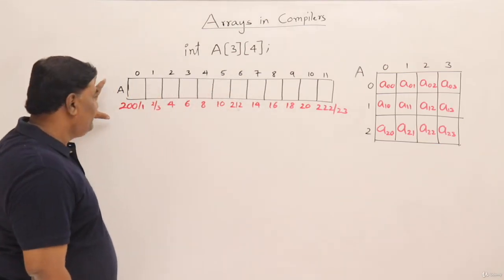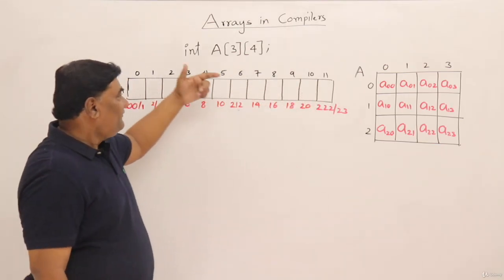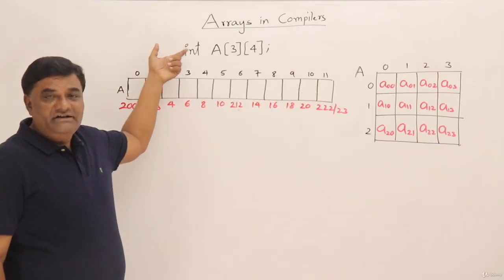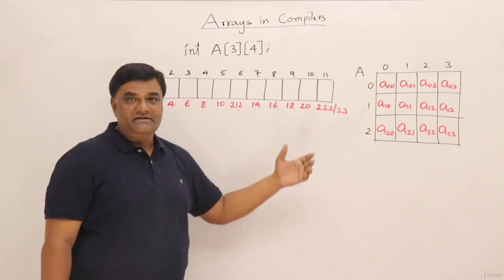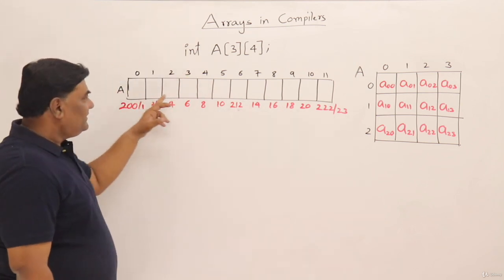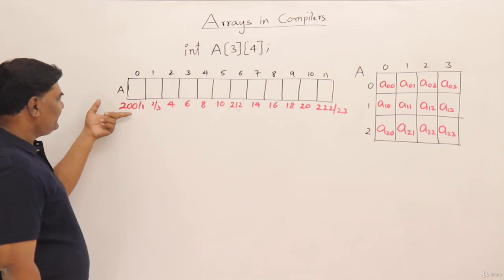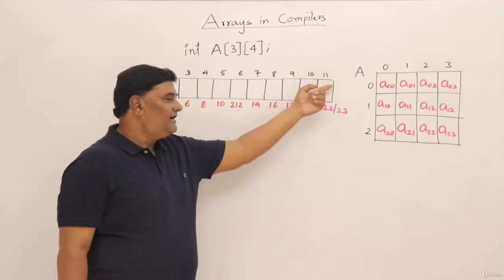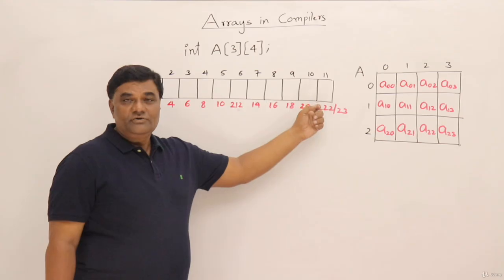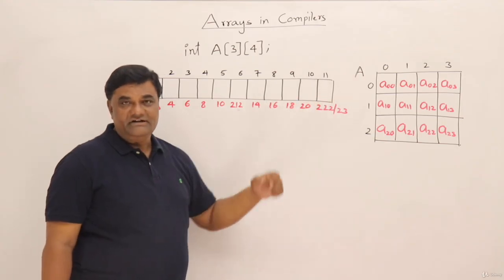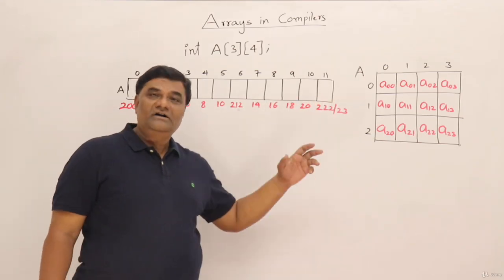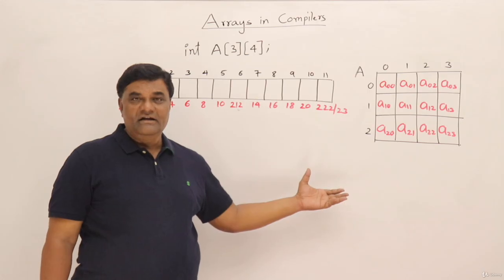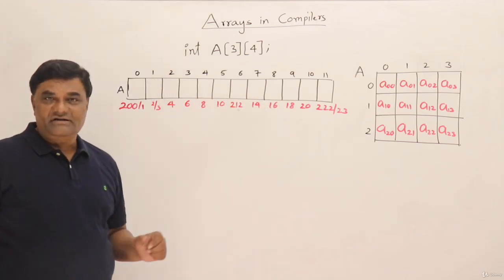So here we will have 12 locations of the type you have mentioned here. It's an integer, so I am taking 2 bytes here. Now these are the total 12 locations, and assuming that the starting address is 200, I have increased by 2 bytes each, and the last address is 222 and 223.